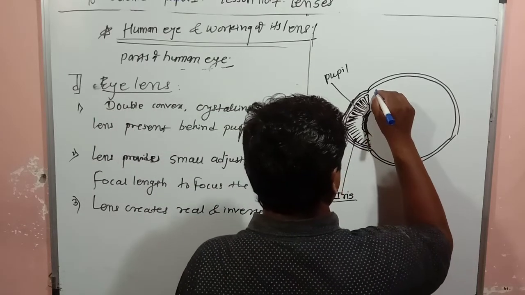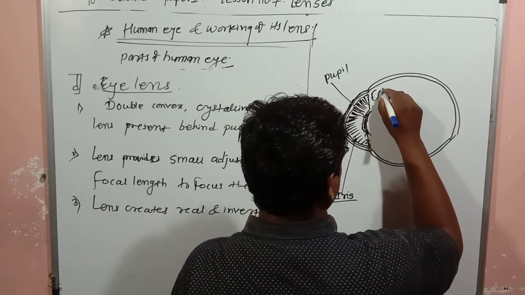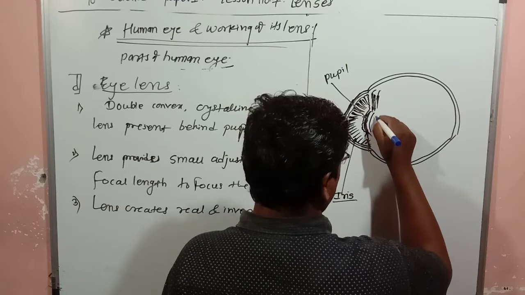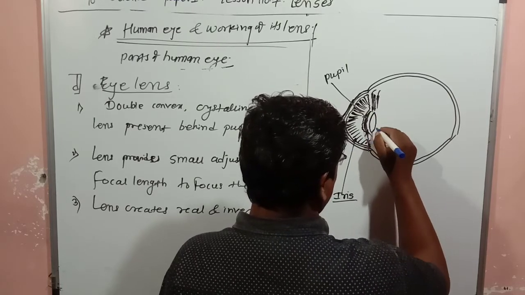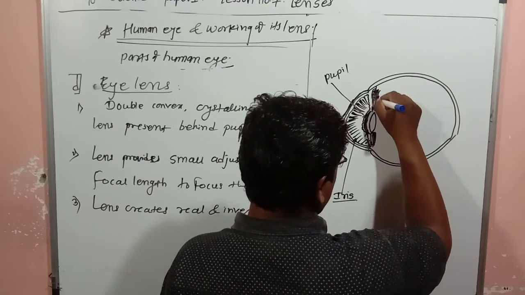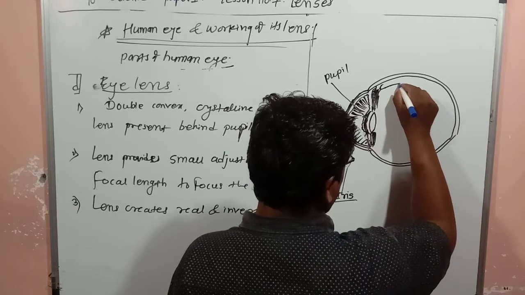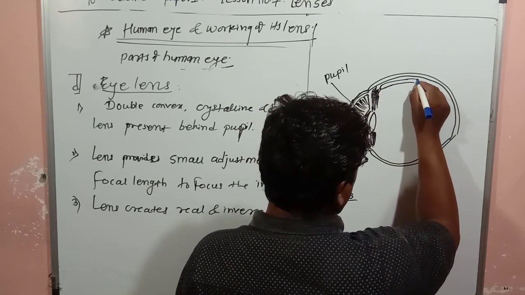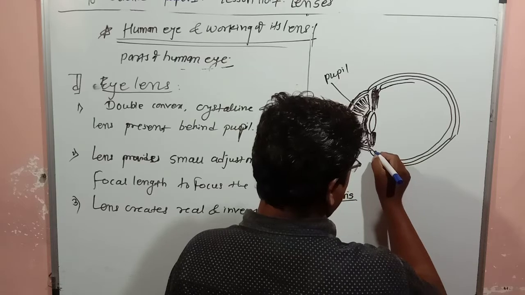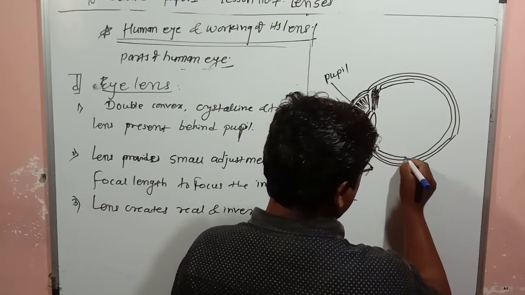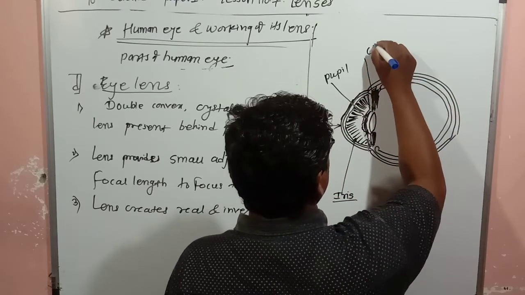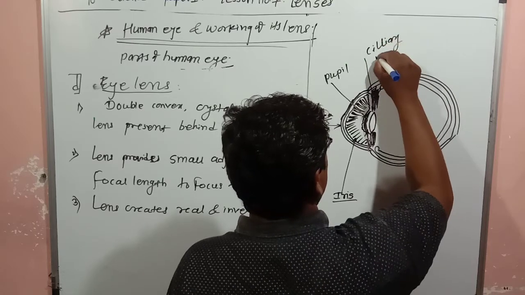One thing you can draw here now. This one is a lens, and these are ciliary muscles.